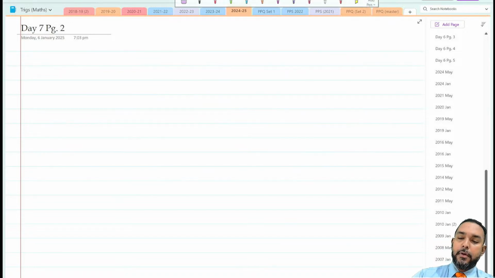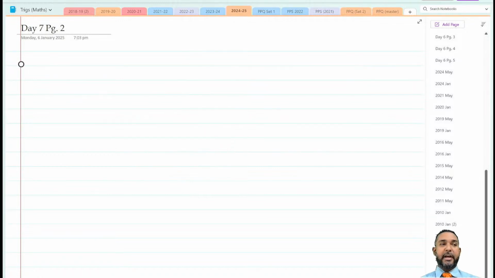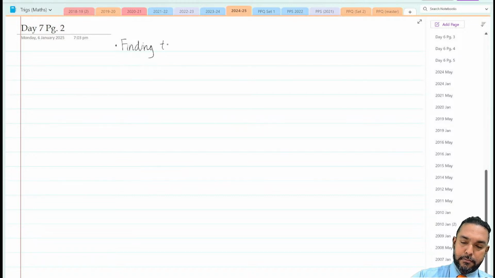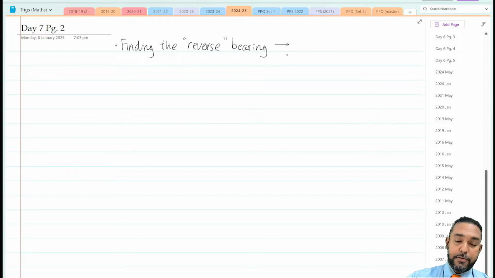All right, so most times what they want us to do is find what I like to call the reverse bearing. So that's the heading for this page, finding the, in quotes, reverse bearing. All right, so this is set one.